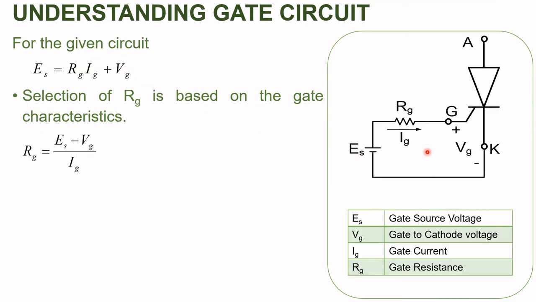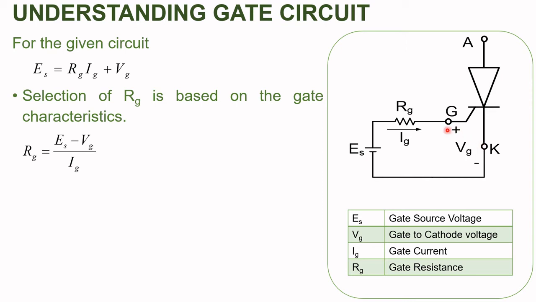Now for designing the gate circuit from the gate characteristics, first we need to understand what this gate circuit comprises of. The gate circuit is shown in the figure. Here we have the supply voltage ES, which gives supply to the gate circuit. Then we have the gate terminal and cathode terminal.